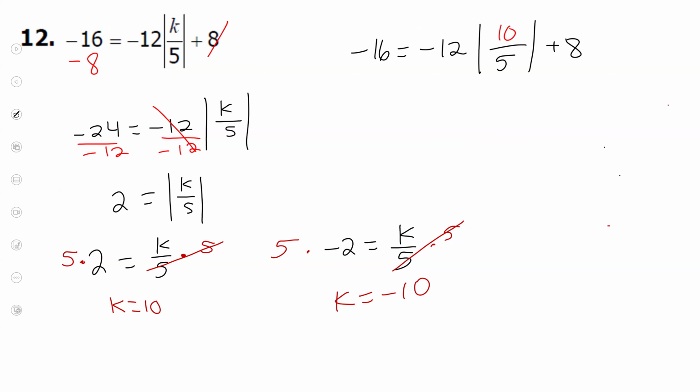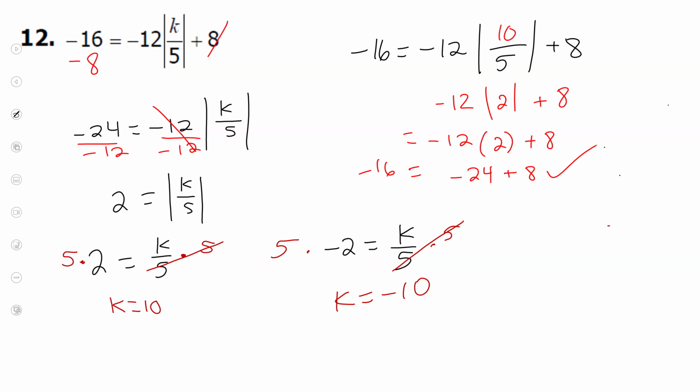What's 10 divided by 5? 2. And what's the absolute value of 2? Just 2. What's negative 12 times 2? Negative 24. Is negative 24 plus 8 negative 16? Is this true? Perfect. So 10 works. I'm in a box. That's my answer.